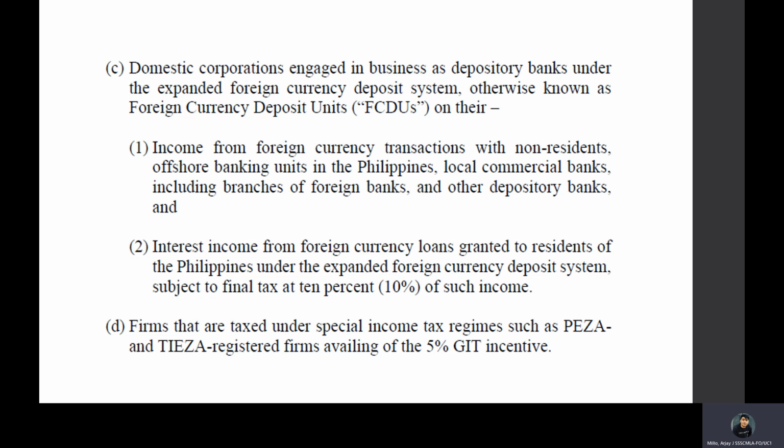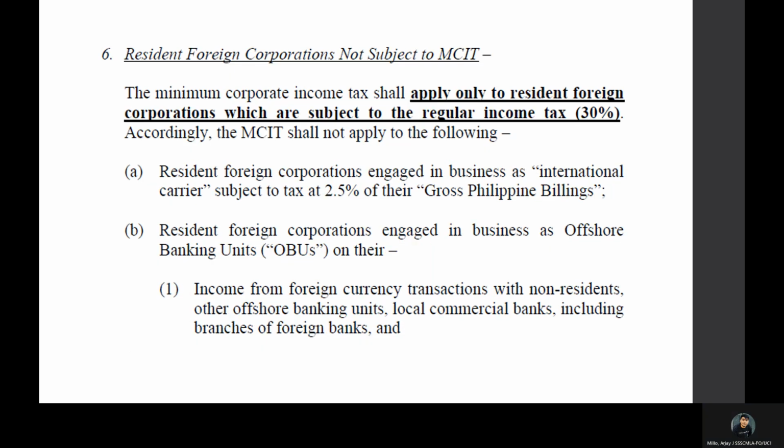Also, from their income from foreign currency loans granted to residents of the Philippines under the foreign currency deposit system, subject to 10% final tax. And lastly, firms that are taxed under special income tax regimes such as PEZA and TIEZA registered, availing yung 5% GIT incentives. So meron ding mga resident foreign corporations na hindi subject sa MCIT.